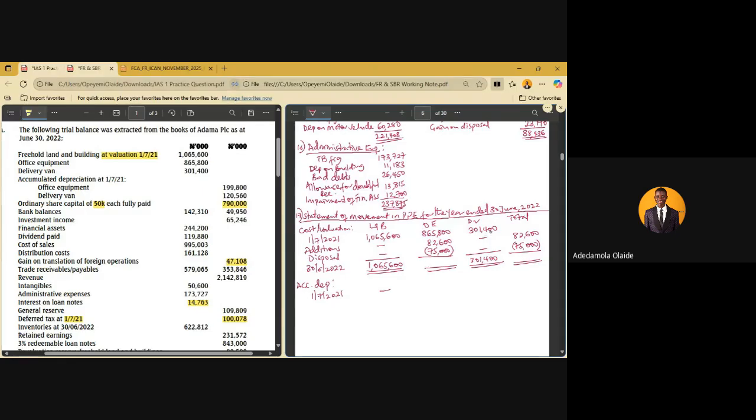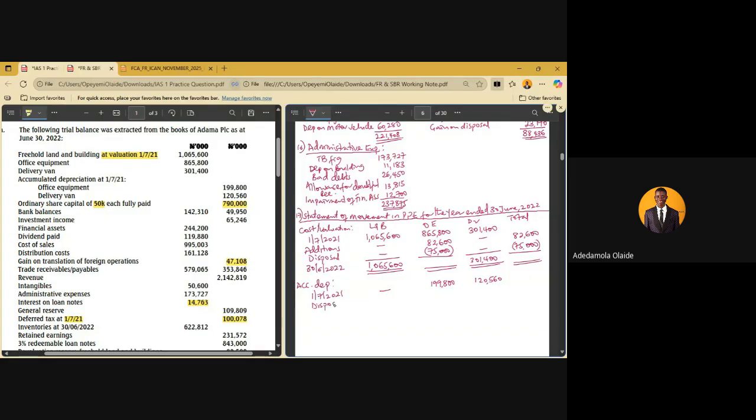How can it be so? You still need total of this opening balance now. Okay. So this one, the opening balance is 199,800. The opening balance for this is 120,560. Total, please.